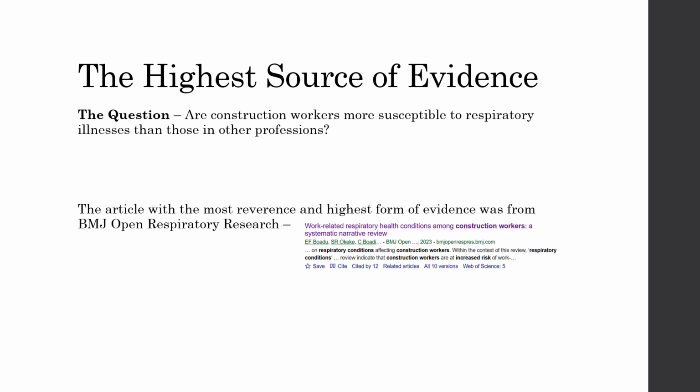So as a final verdict, the BMJ article is more applicable to answering whether construction workers are more susceptible to respiratory illnesses than other professions. It provides comparative data to explicitly discuss the risks faced by construction workers in relation to their occupational group.